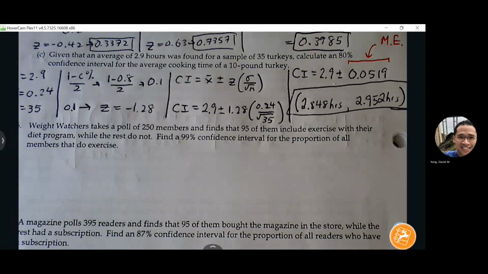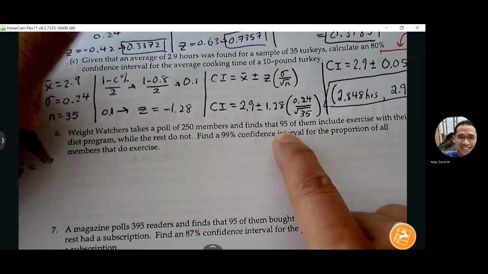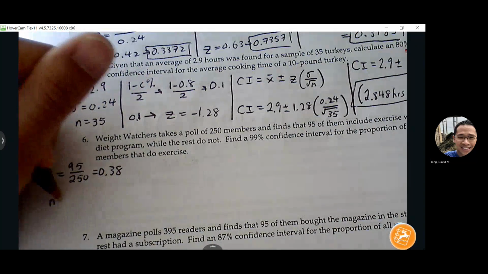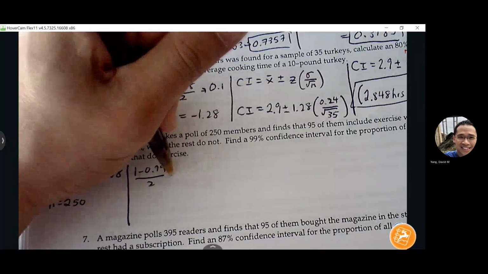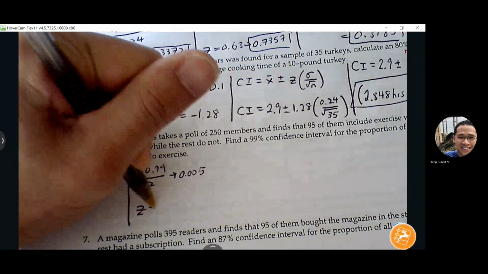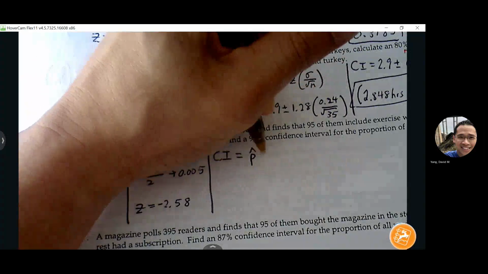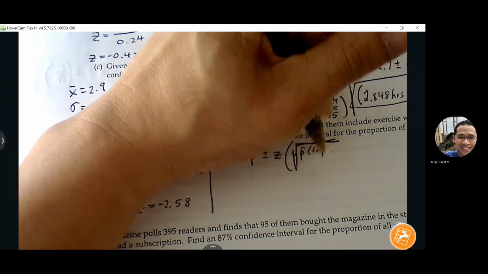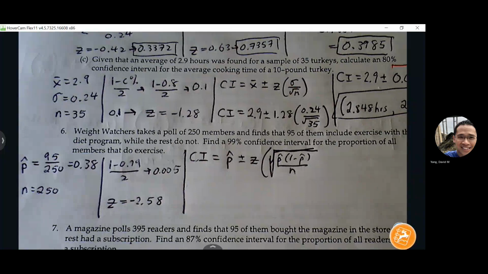Any questions so far? Everybody okay with 5?